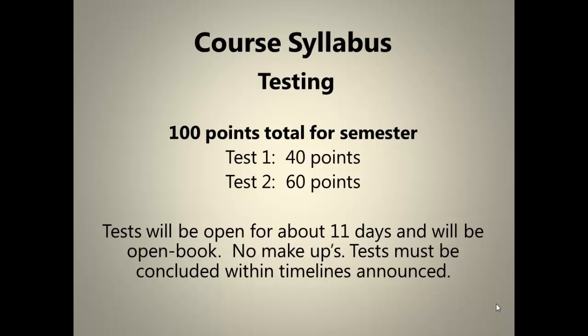And if you haven't completed the test by the time the closing date comes, you will not be able to take that test, and you'll lose those points. So it's very, very important that you know when the tests open and when the tests close, and those are on the course calendar and in the syllabus, and you'll be seeing them show up in weekly course content as well. Very important that you keep up with that and complete the tests when they're available.